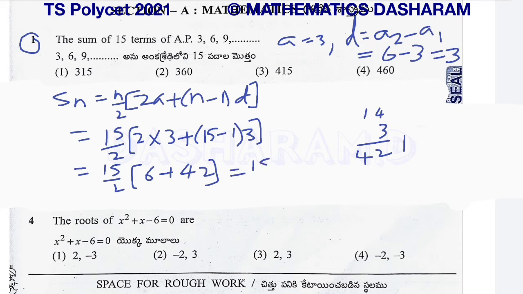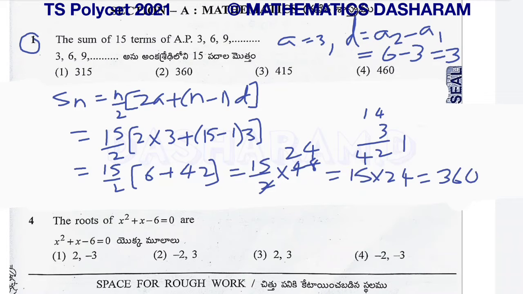It equals 15 by 2 into 48. 2 24s are 48, 2 1s are 2, 24, then 15 into 24 equals 360. So option 2 is correct.